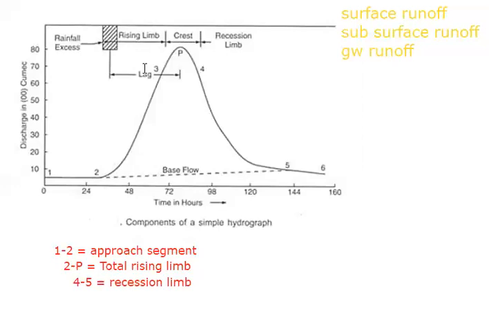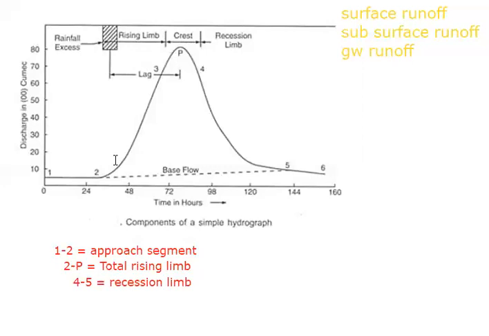And this shape always depends on the storm and watershed characteristics. Also, the shape of the rising limb is concave upwards and rises very slowly in the early stage of flow.